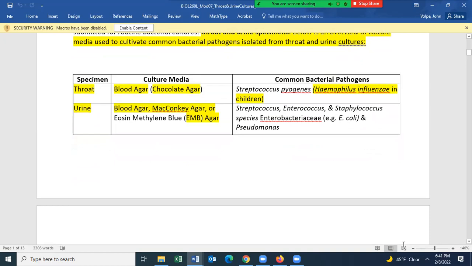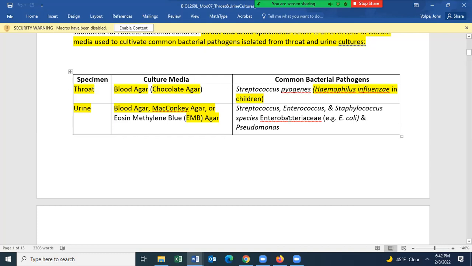So from the throat, we have two main media that we culture pathogens from. First is blood agar, and second is chocolate agar. The most common bacterial pathogen obtained from the human throat is Streptococcus pyogenes, which is grown on blood agar.